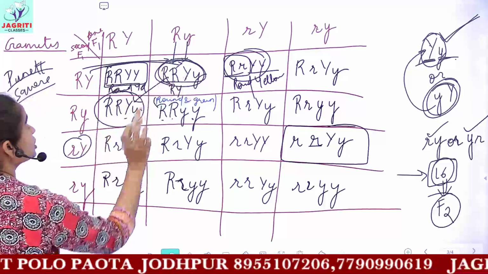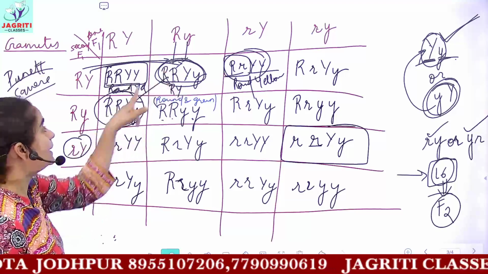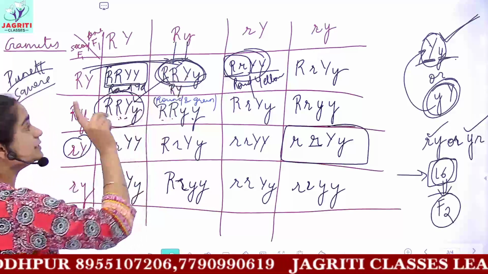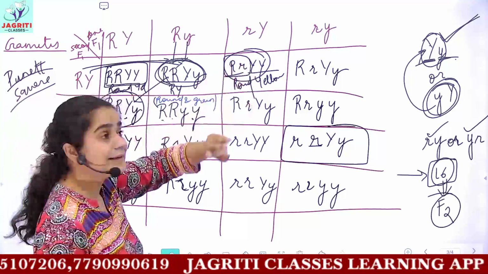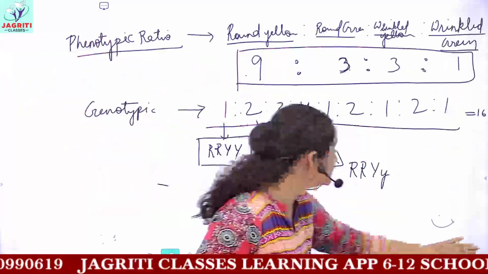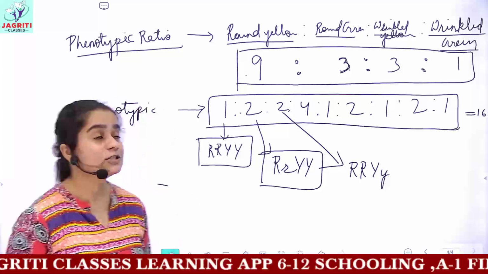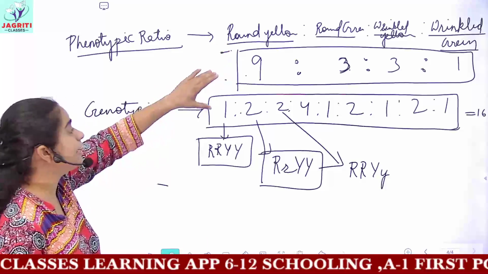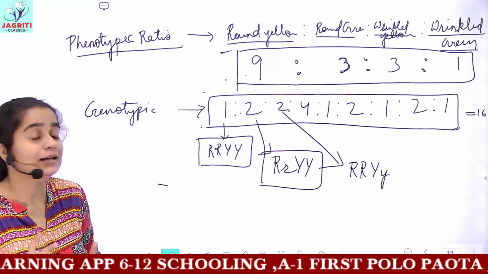Both these combinations are same, and hence we say that this combination is coming 2 times. Similarly, you can find how many times each kind of combination is coming, and in this manner you obtain the genotypic ratio. So this gives you a fixed phenotypic and genotypic ratio for the F2 generation for a dihybrid cross.